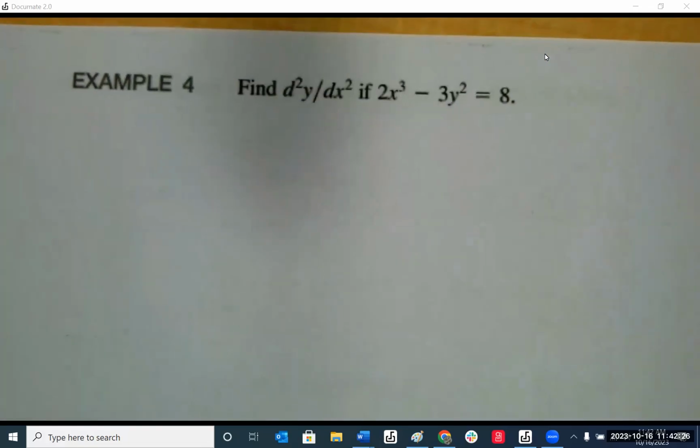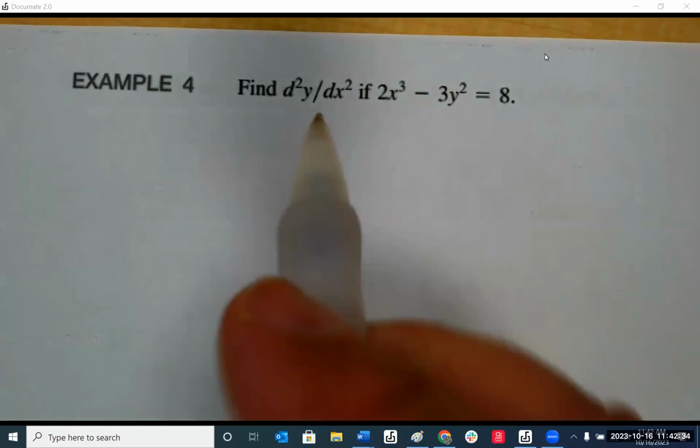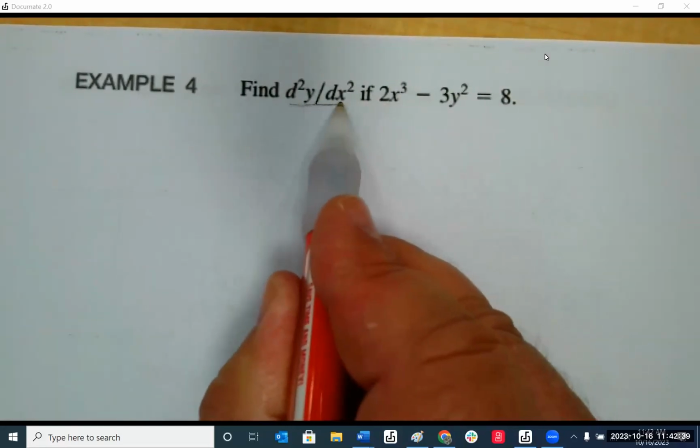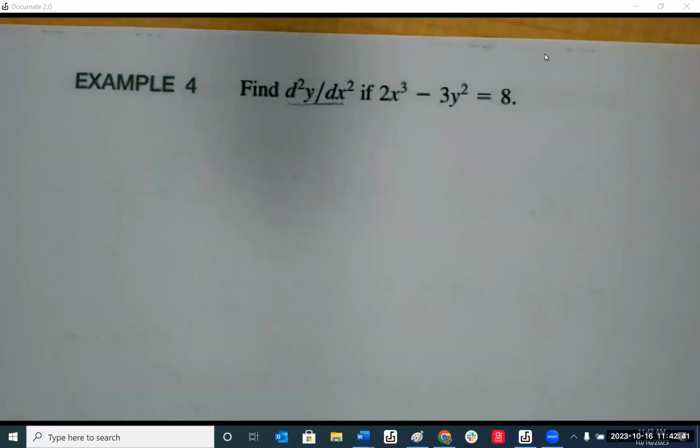Now, example 4. What is this one asking me to do? What does this mean? What am I looking for?